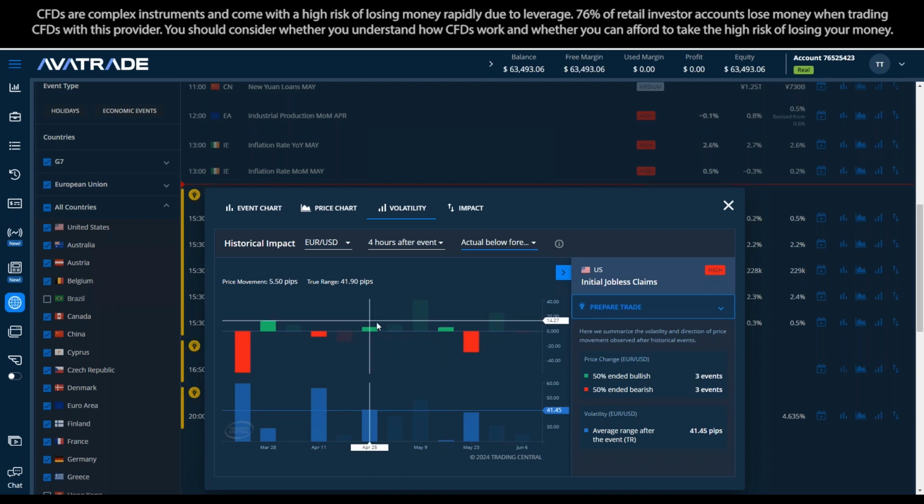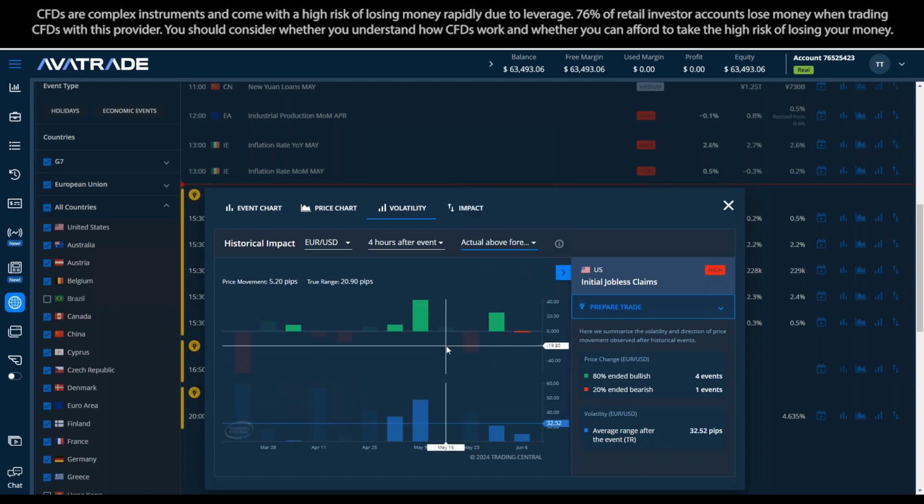You could add these 3 that went up and they don't equal this 1 that went down. So the directionality was 50-50 on this, but you can see the majority of pip movement was down if this comes in below forecast, meaning better than expected news. And the opposite, if it's above forecast, almost all of the movement is up.